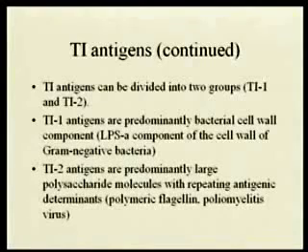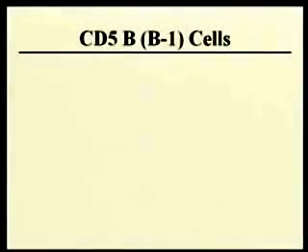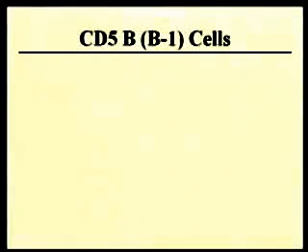Examples are flagellin, that's a part of a bacteria, and maybe different parts of different viruses. Again, the point here is that it takes large concentrations of these antigens to produce this response. And typically, this response is elicited by a CD5 B cell or B1 cell.